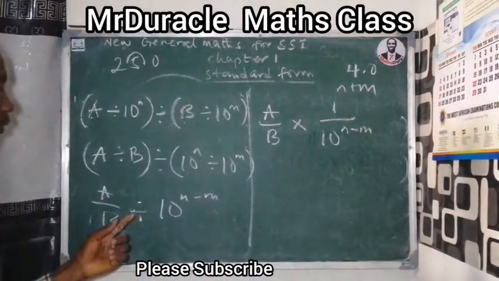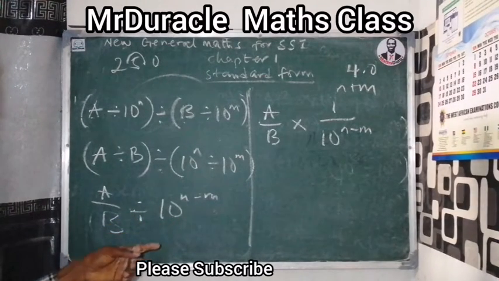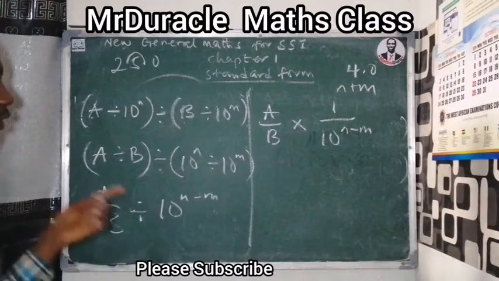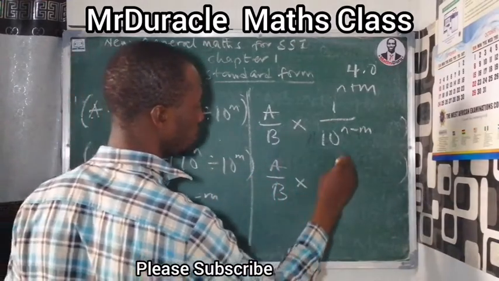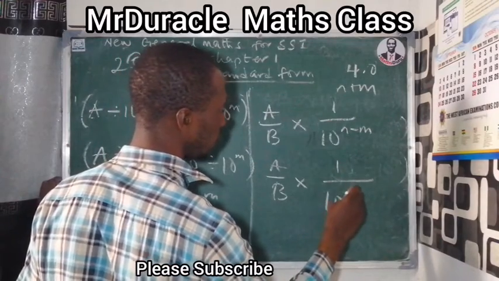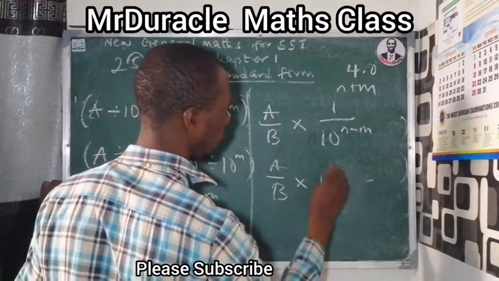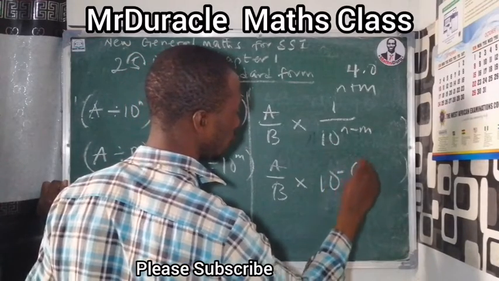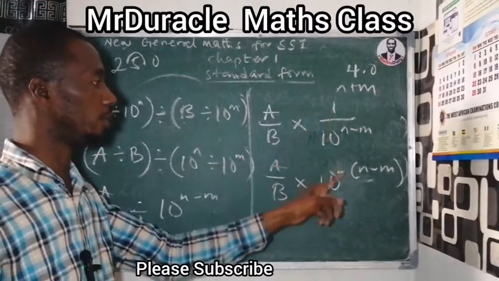If you're changing this to multiplication, you have to take the inverse of your right hand. Remember your fractions. Hope you remember the rule in your fractions. So that will give us A over B times 1 all over 10 to the power of (n minus m). I hope you remember, because I told you in indices that 1 over this means minus.